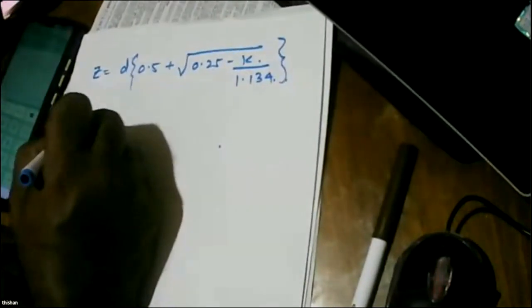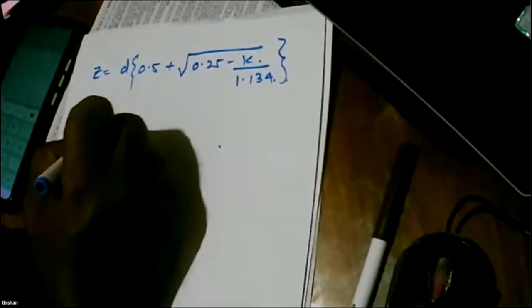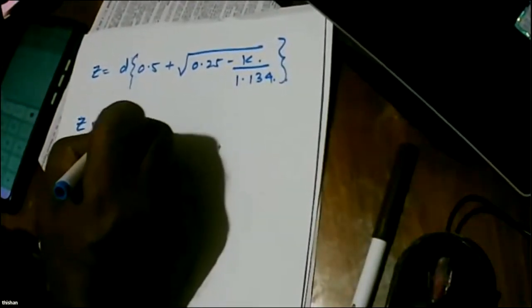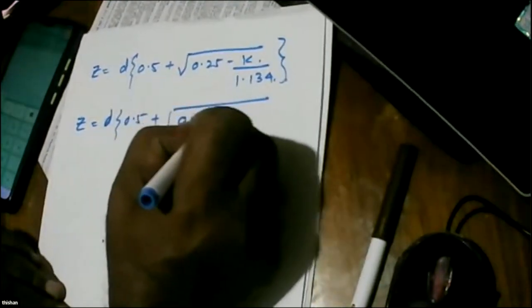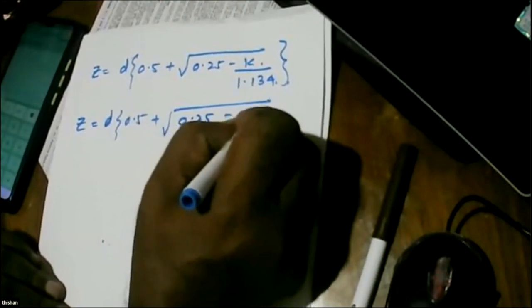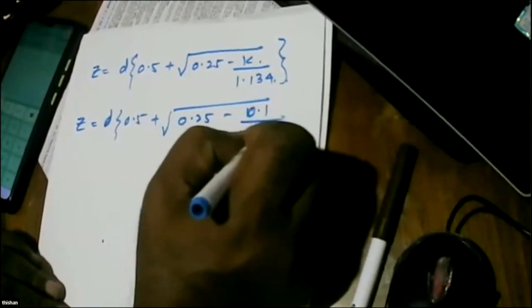Z is equal to d times [0.5 plus square root of (0.25 minus K over 1.134)]. So what is the Z value, Bandhu? Z as a function of d: 0.25 minus 0.1 over 1.134.